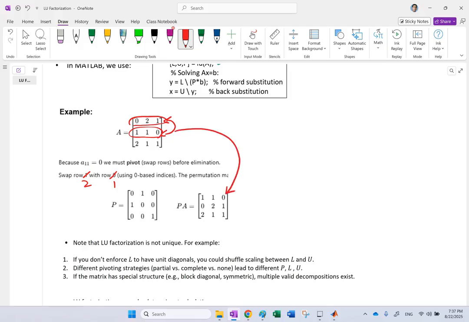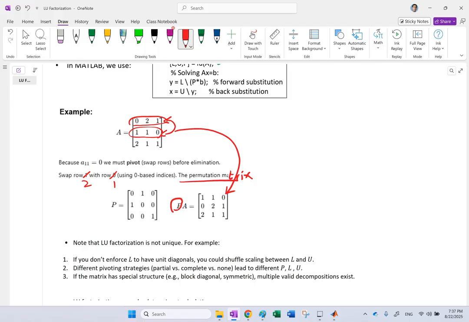Now, for me to go from this A to this version of A, I need to pre-multiply it by a matrix that does a swap of row 1 and row 2. That is what we call a permutation matrix. So what is a permutation matrix in this case? Look at the shape of it.